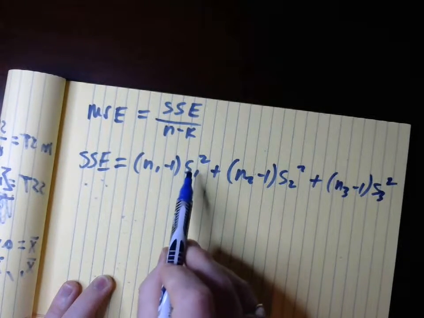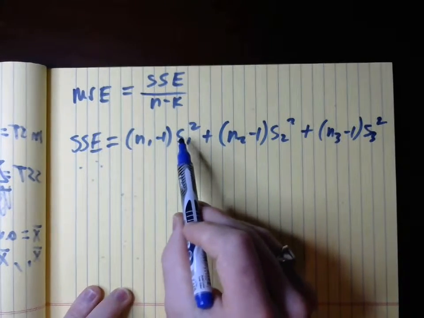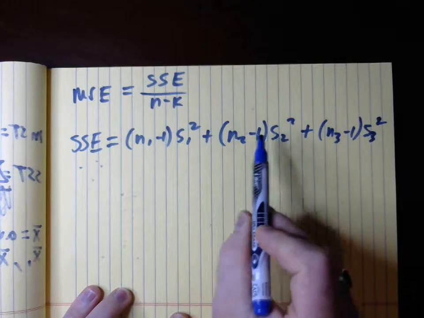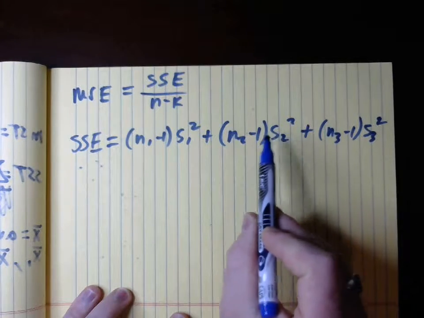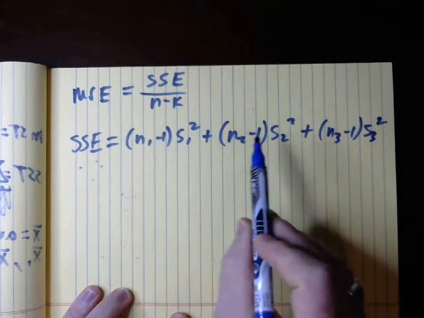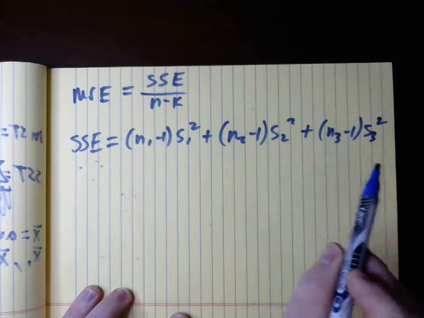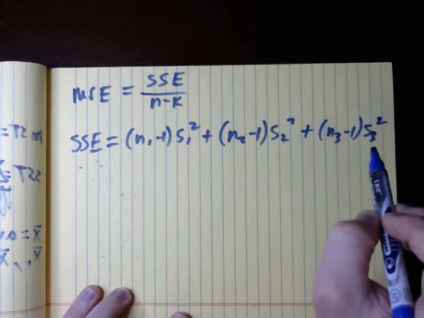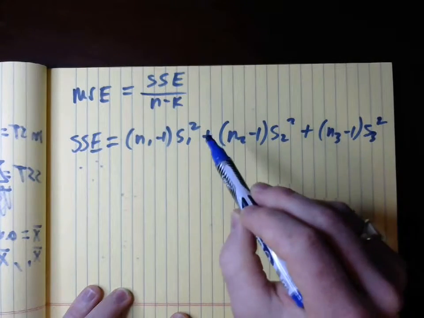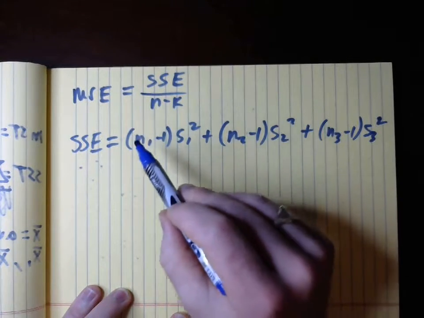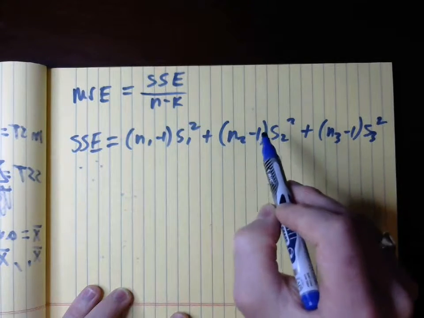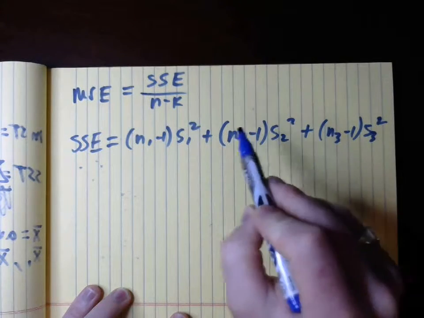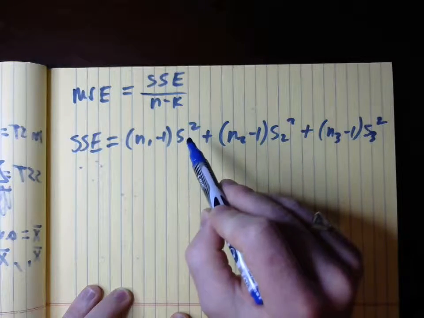So we're going to find the sample standard deviation of each of the 3 different columns. You'll have individual sample standard deviations for each, since they're samples. And you have a sample size, so you'd have 6 minus 1, 6 minus 1, 6 minus 1. You'd calculate the standard deviation of each.